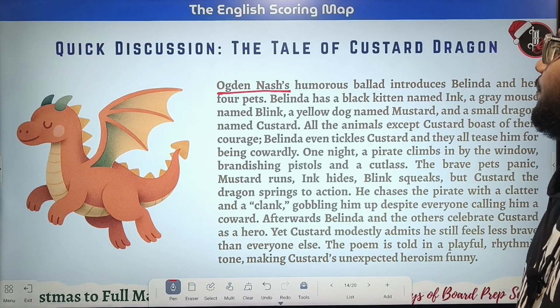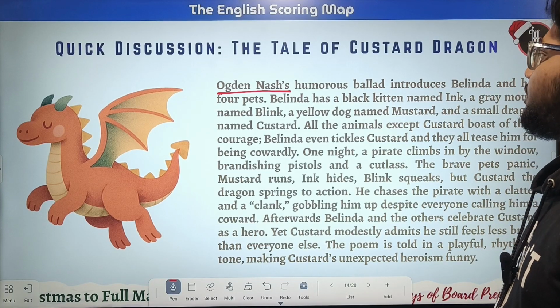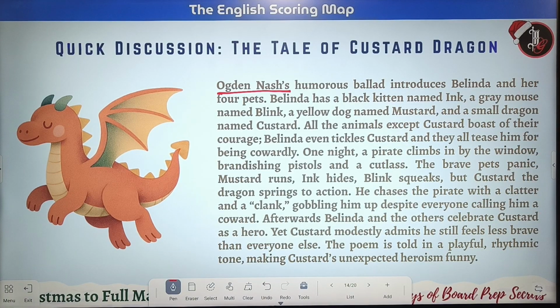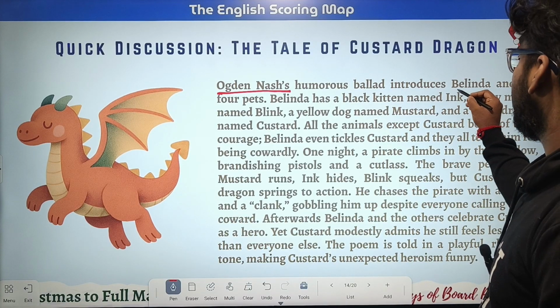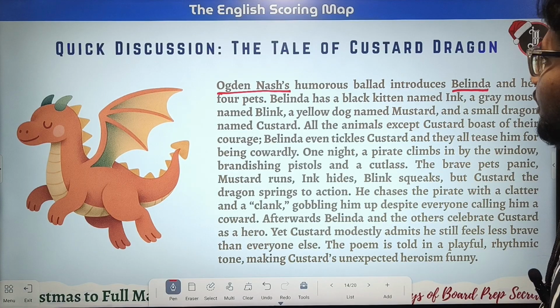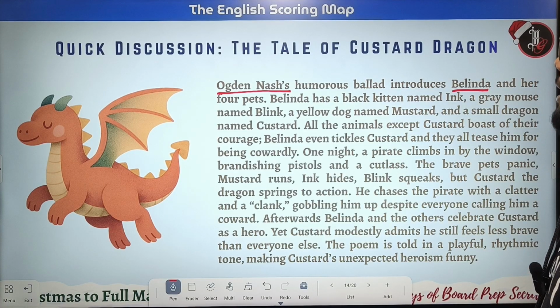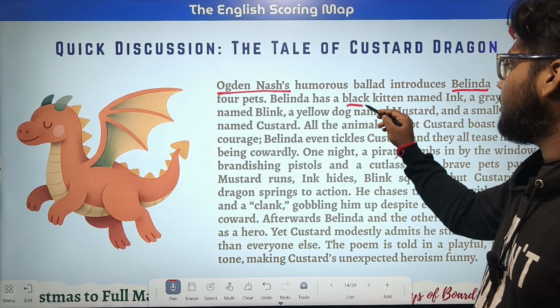Let's move on. Ogden Nash's humorous ballad introduces Belinda and her four pets. Belinda has a black kitten named Ink. Remember this.